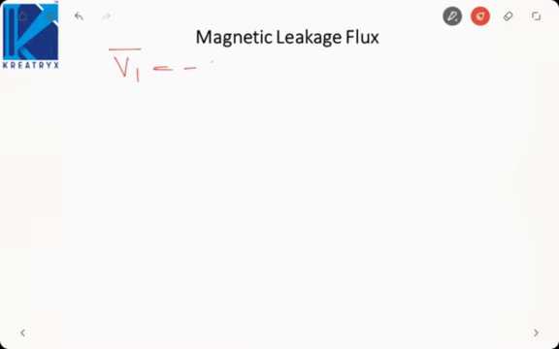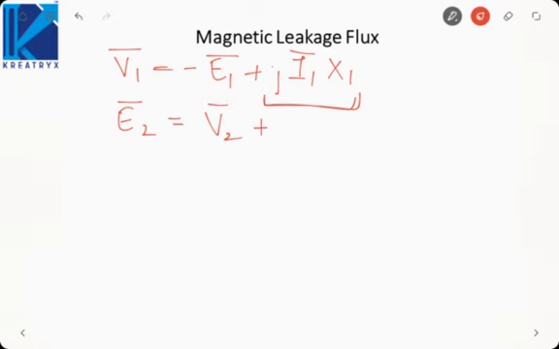V1 bar is equal to minus E1 bar plus j I1 X1. Similarly, E2 bar is equal to V2 bar plus j I2 X2.